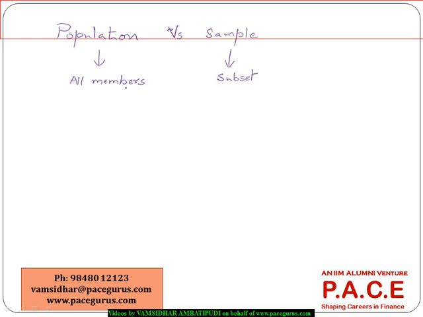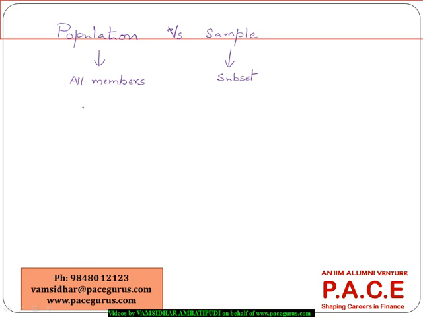Here it need not be people; it can be returns data or prices data. If I am including almost all the data from the group, I call it the population. But if I am taking any subset of it, I call it a sample.